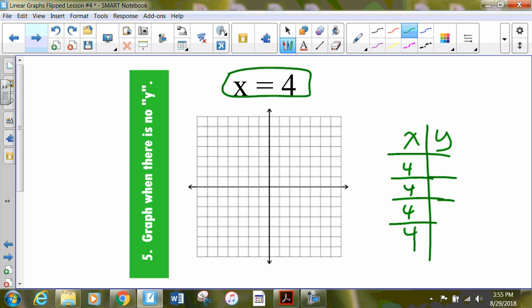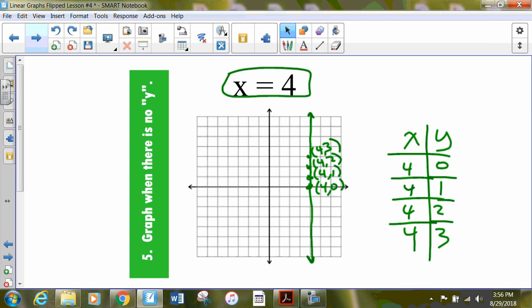Y can be anything it wants, but x always has to be 4. If we were to graph this table, we'd have 4, 0, 4, 1, 4, 2, 4, 3. It's really easy to see that it's forming a vertical line, because every single point on this line has x equal to 4. And that's why it's called x equals 4.